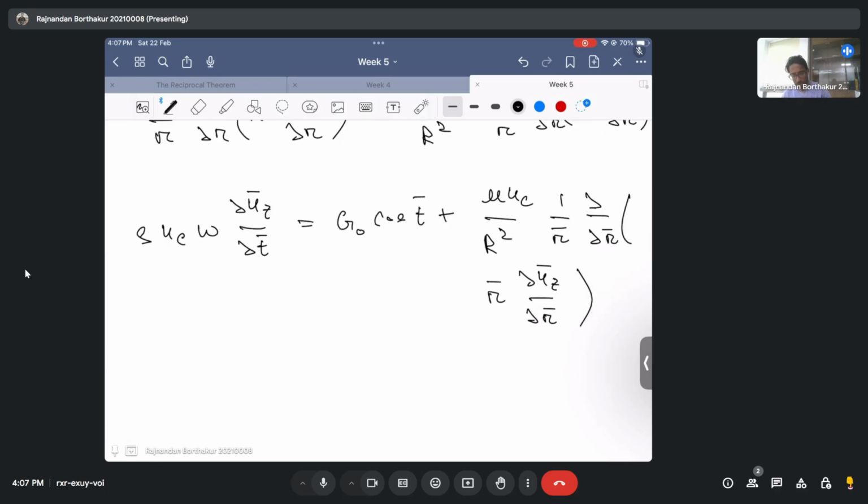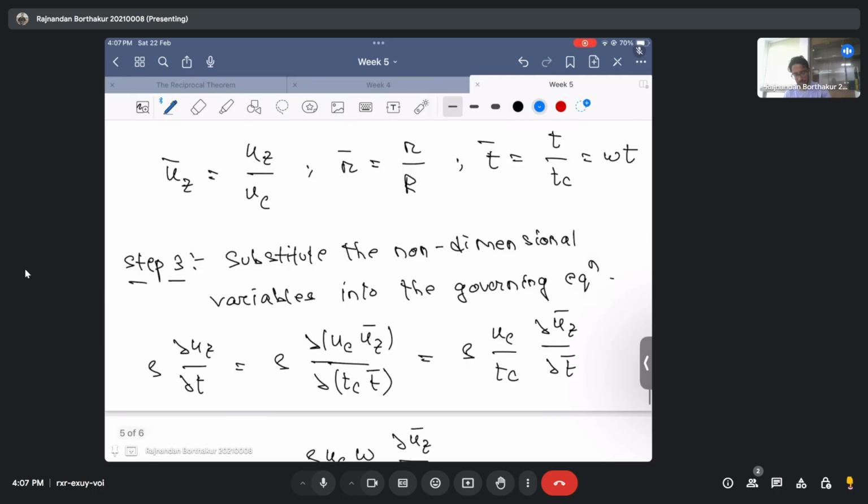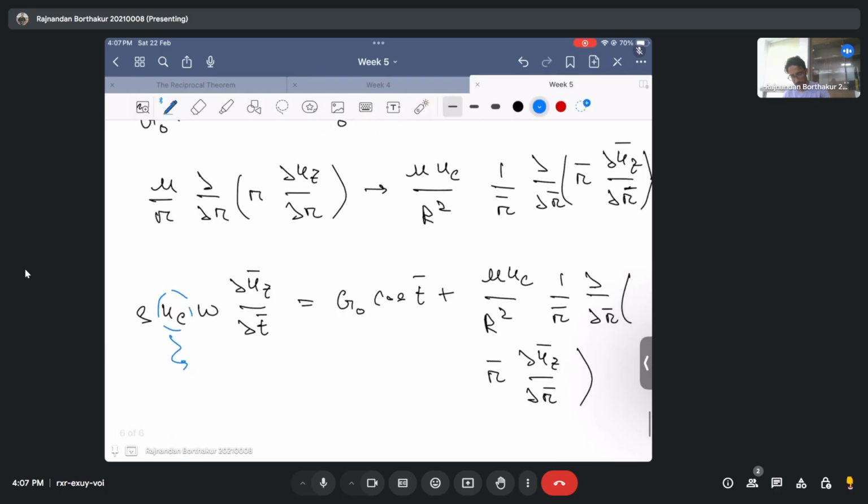All right. So now we will substitute uc, because we already evaluated it: uc is g naught r squared by mu. Of course this uc also becomes g naught r squared by mu, which means that this g naught will get cancelled, this r square and this r square will get cancelled, and this mu will get cancelled.